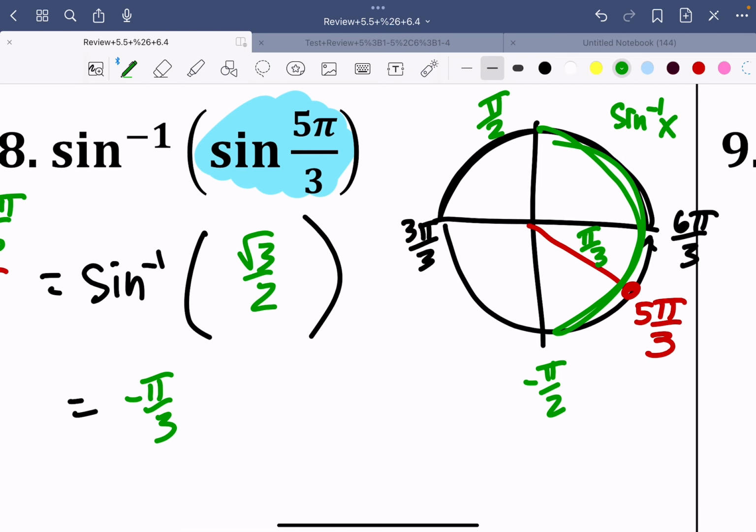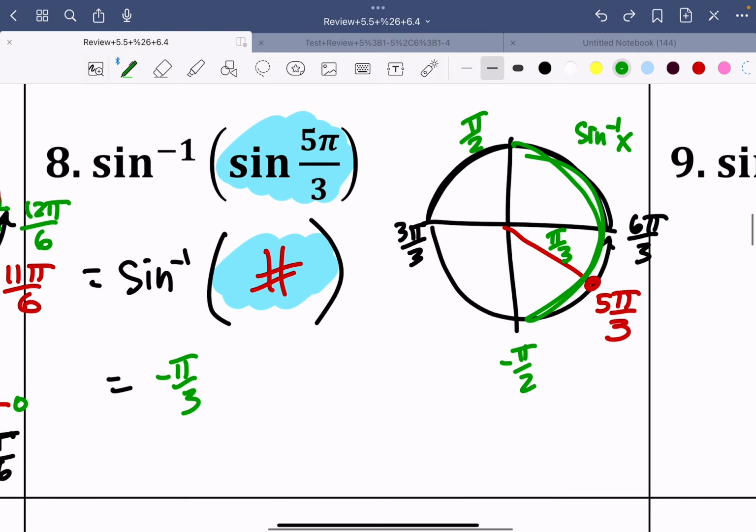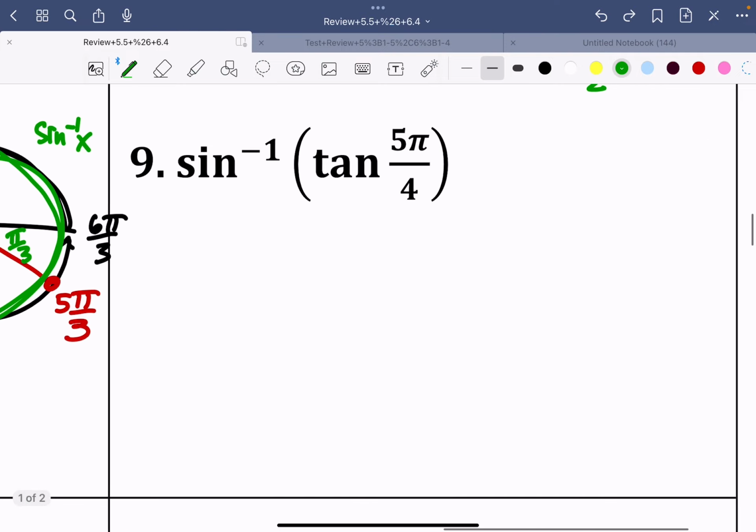But since it's down there, it's negative. So now I'm going to take the sine inverse of negative square root of 3 over 2. Well, square root of 3 over 2 is going to give me pi over 3, but since it's negative, that's why it's negative pi over 3, yes? So again, we didn't have to find that number, but if we did, that's another way to work back to it. All right, let's do another one.